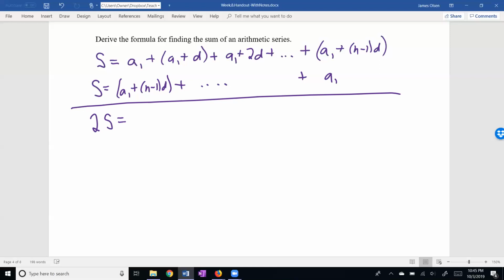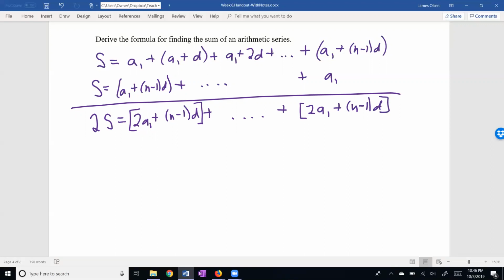And when I add the columns here, I have 2a1 plus n minus 1 times d, plus 2a1 plus n minus 1 times d. I have multiple copies of this, plus finally 2a1 plus n minus 1 times d.